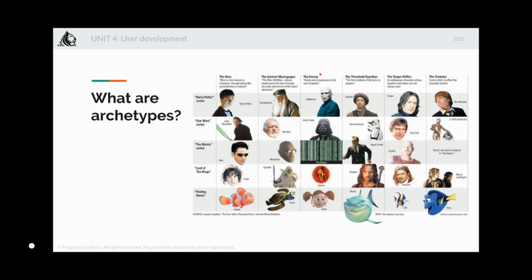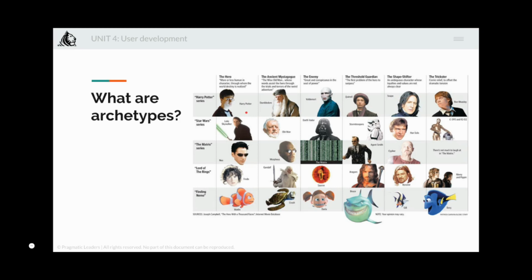Then there is an enemy, the great and conspicuous in the seat of power: Voldemort, Darth Vader, the Matrix, Sauron, or Darla, right? Then there's a guardian. Then there's a shapeshifter. There's a trickster, right? There's a comic relief to offset the dramatic tension. So you can see there is a common set of stereotypes or archetypes that you can see across different movies, right?